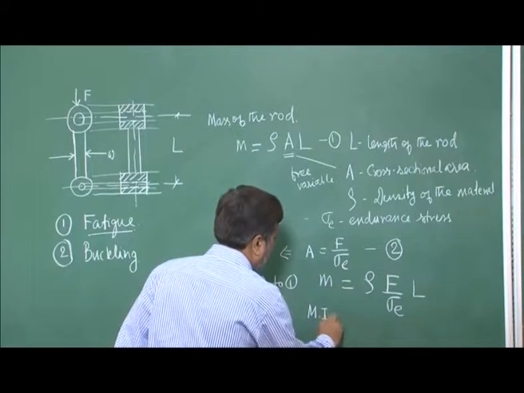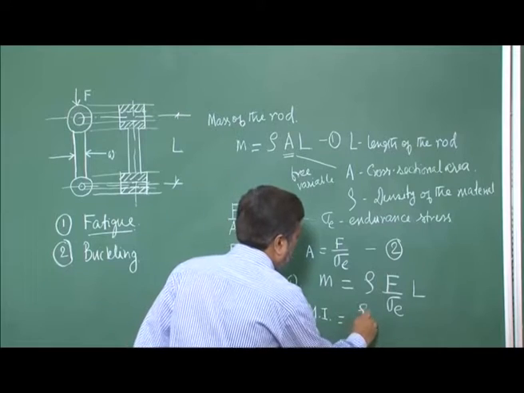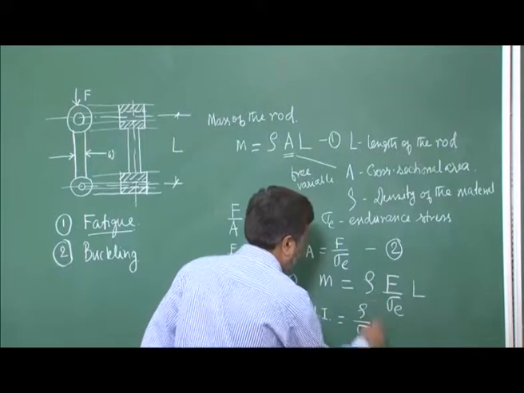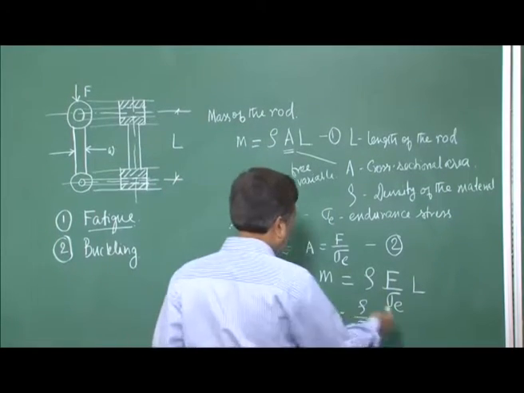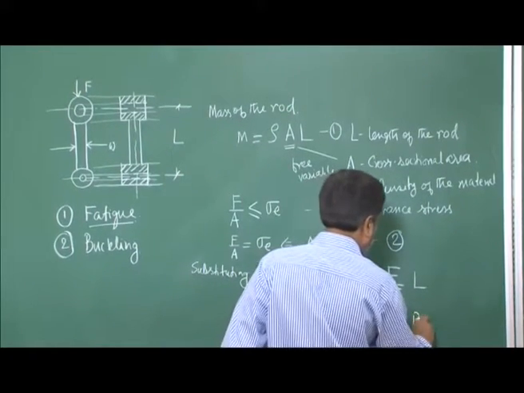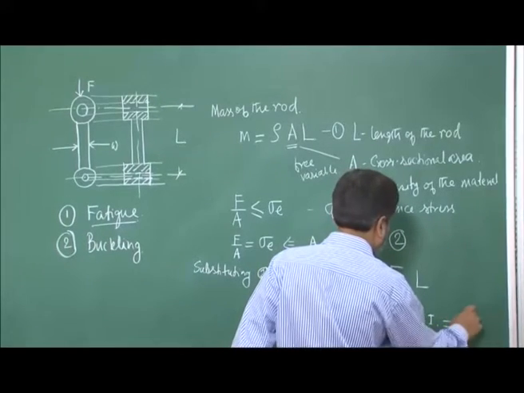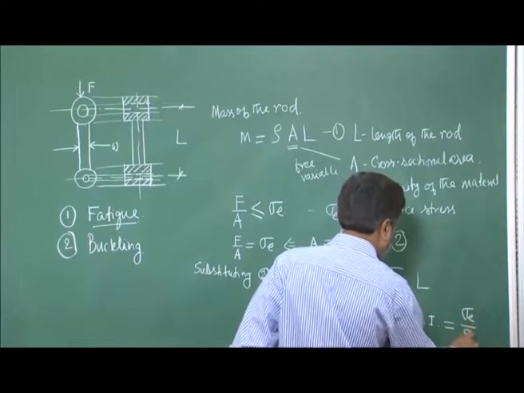The material index Mi is rho over sigma E. You can also keep the performance index, which is the reverse of that, sigma E over rho.